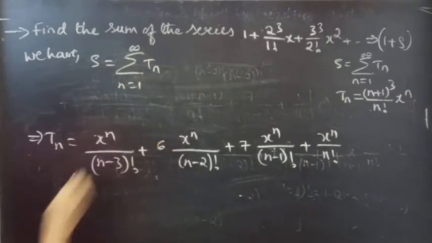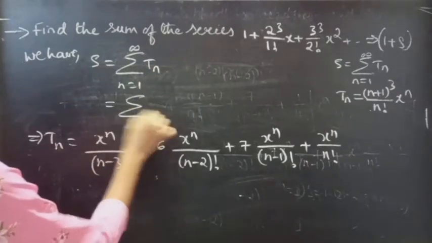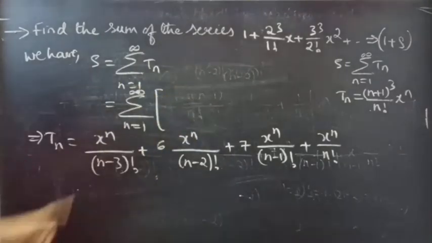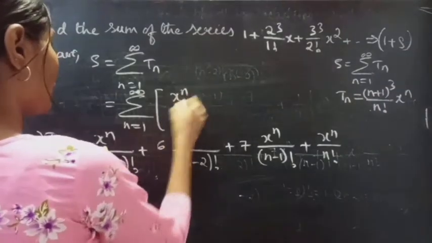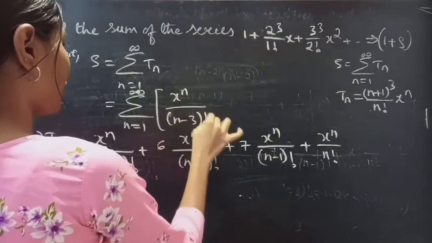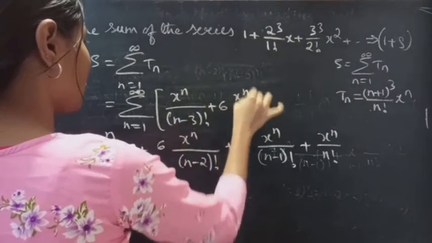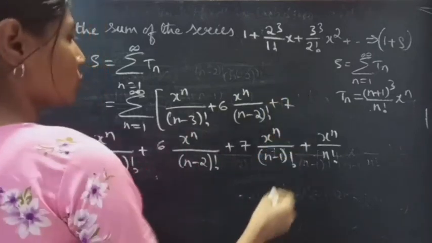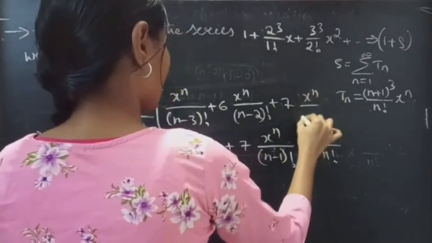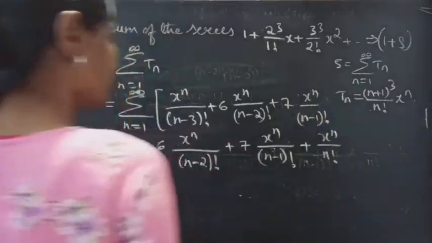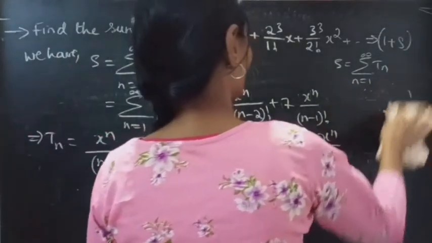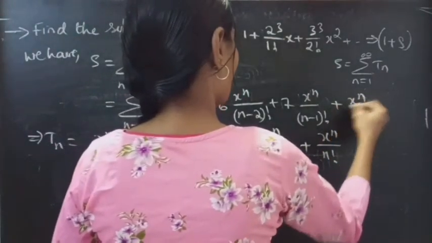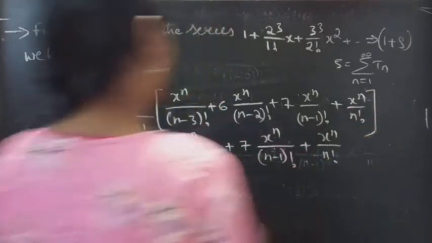Now replace this Tn, then you'll get S equals summation n equals 1 to infinity of x^n/(n-3)! plus 6 x^n/(n-2)! plus 7 x^n/(n-1)! plus x^n/n!.